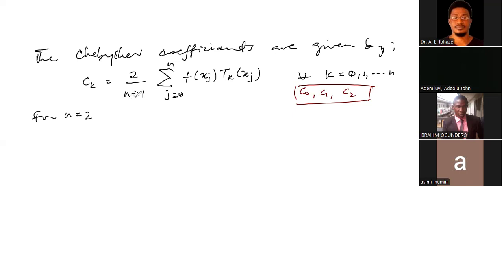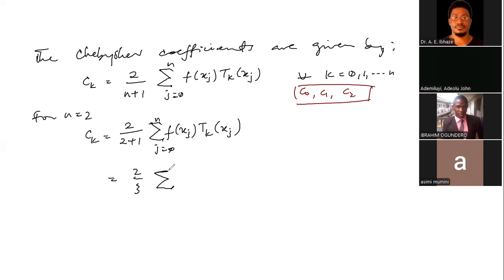So we can substitute n into this expression so that the Chebyshev coefficient formulation will now reduce to C sub k being the same as 2 over 2 plus 1, when n is 2, sigma j being the same as 0 to n, f of s sub j, T sub k, s sub j. So this is going to be the same as 2 over 3, sigma j from 0 to n, f of s sub j, T sub k, s sub j.